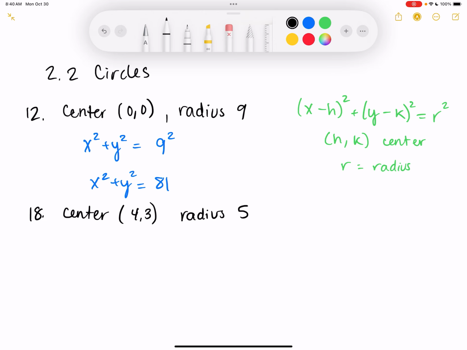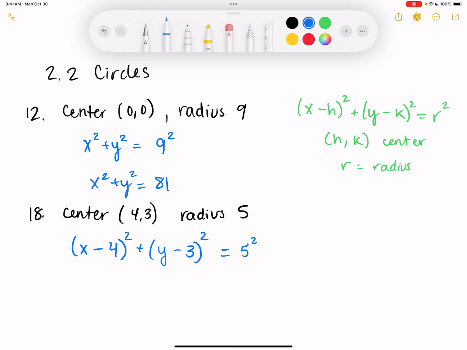So this one will be, in parentheses, x minus h's x value, so that's 4 squared plus y minus k, which is 3 squared, is equal to 5 squared, or you can write it as 25.